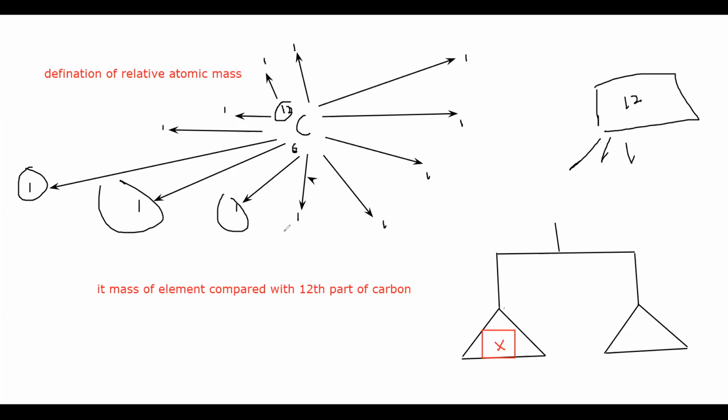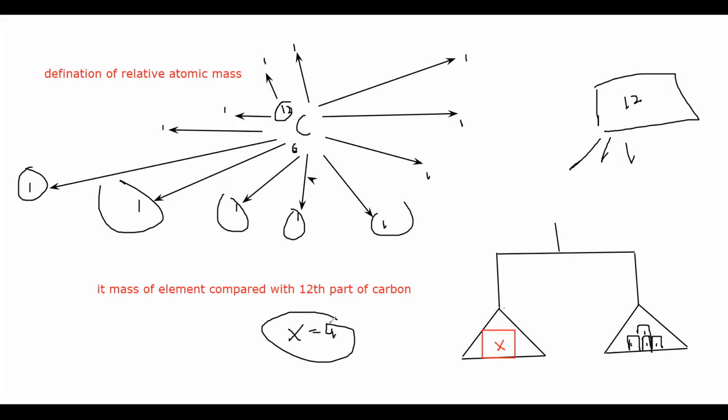So for example, 3 units of carbon, or say 4 units of carbon, are balancing this unknown element X. So what is the mass of this element X? If 4 units of carbon are balancing it, the mass of this element is equal to 4. So this is just a theoretical definition.